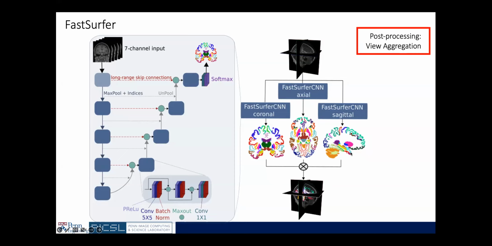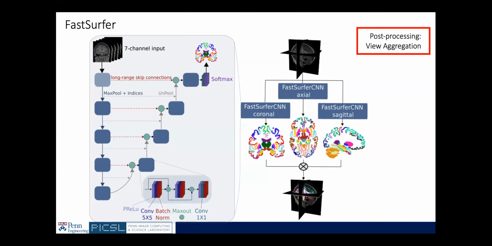So take this network, train it 3 times, one for axial, coronal, and sagittal. That way, for every voxel in your output, you will have 3 segmentation values, right? One when you segmented it for axial, one when you segmented for coronal, and one for sagittal, right?